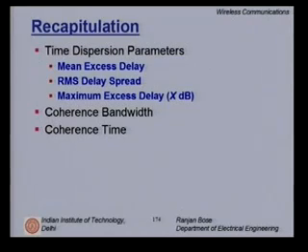We also learnt about coherence time, which has to do with how fast the channel is changing with respect to the symbol duration. Today we will play with these parameters with respect to the signal and see what we mean by frequency selective fading or frequency flat fading, fast fading versus slow fading. Can we have a combination of these? What does it matter? We will also look at some examples.